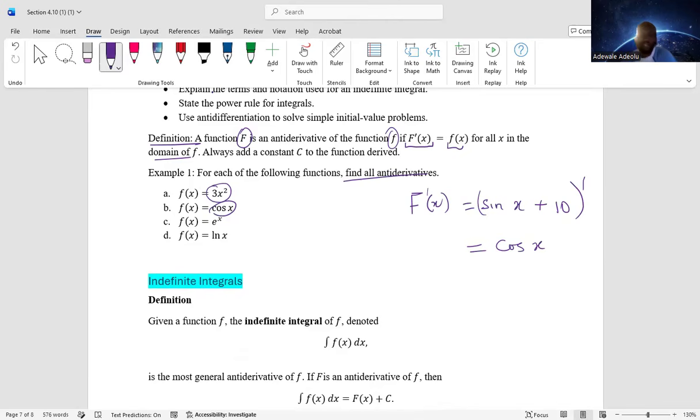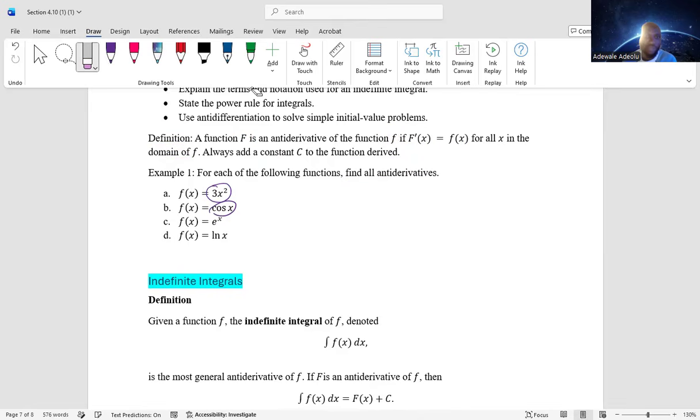So in general, we would say we must add a constant c to the function that we derive. So we must always add a constant to any antiderivative. I hope that makes sense to you.